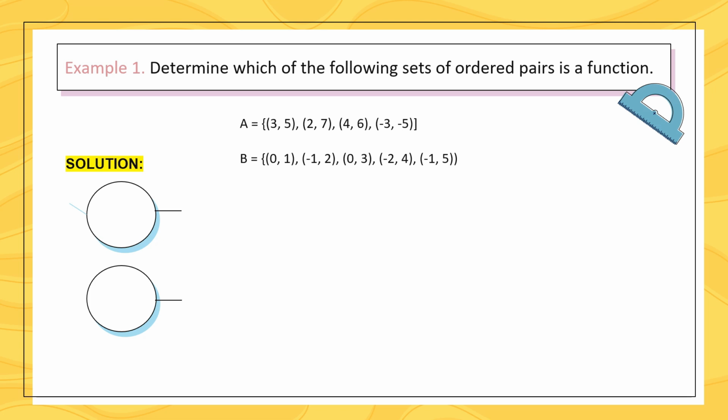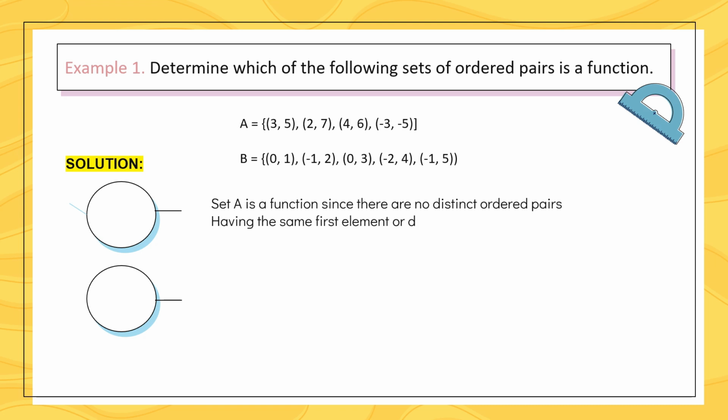Determine which of the following sets of ordered pairs is a function. A is equal to the set of (3, 5), (2, 7), (4, 6), (-3, 5). And B is equal to the set of (0, 1), (-1, 2), (0, 3), (-2, 4), (-1, 5). Solution.